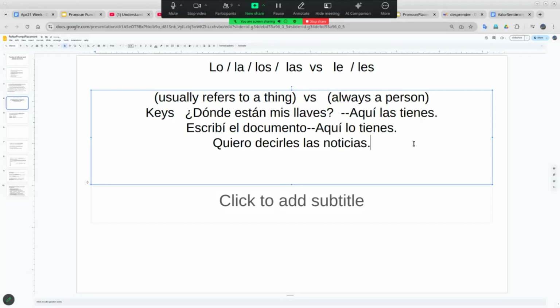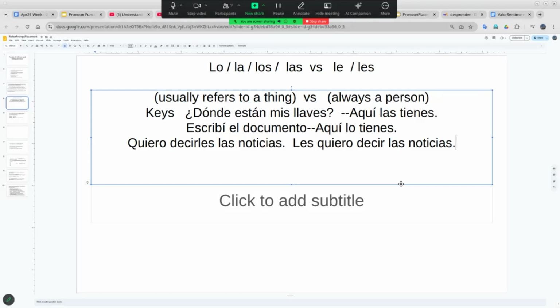I want to tell you guys the news. Quiero decirles. And I might take that because I've got two verbs working together. I could say that as les quiero decir las noticias. There's no difference between those two sentences. I just take the les and I put it in a different position. And it's okay because I've got two verbs working together. Les quiero decir, I want to tell you guys.